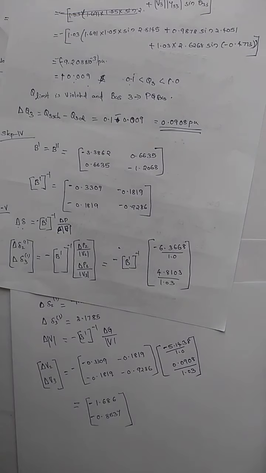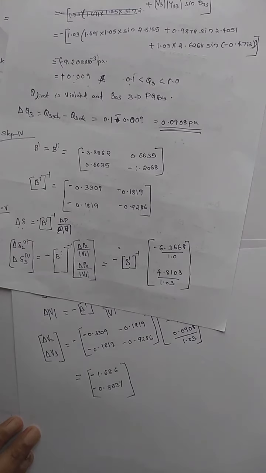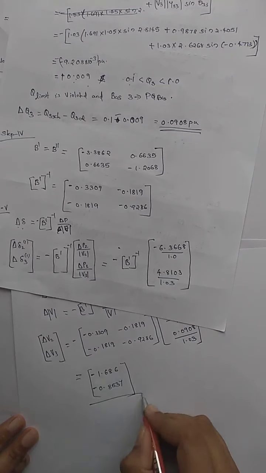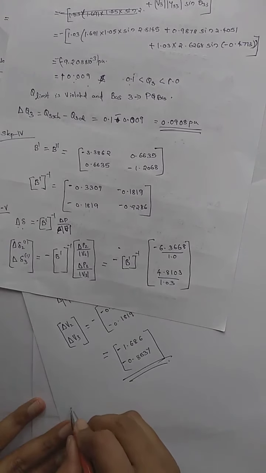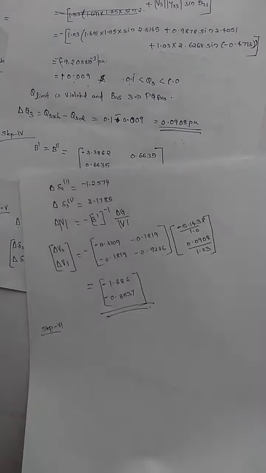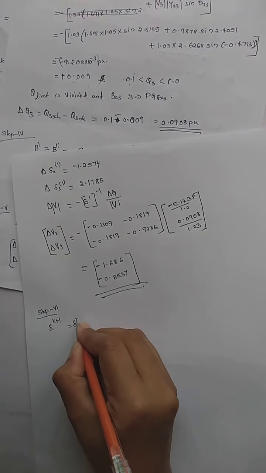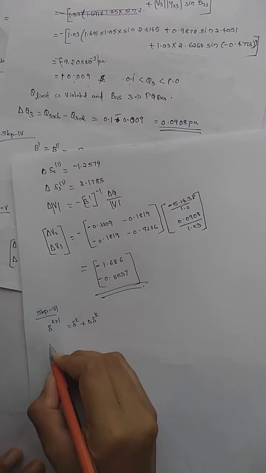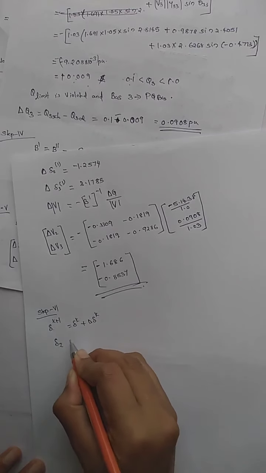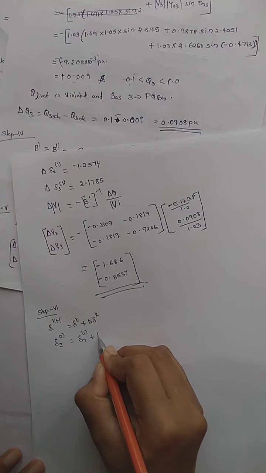Next, we have to find our next iteration values. We have to advance to step 6. What is step 6? We have to find the delta. So delta k plus 1 is equal to delta k plus delta k, isn't it? So delta 2 for the second iteration is equal to delta 2 of the first iteration plus the delta 2 increment.